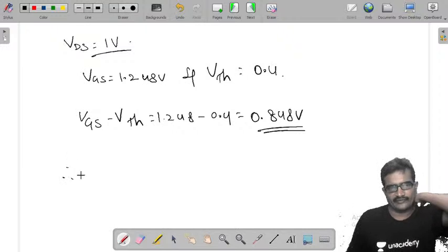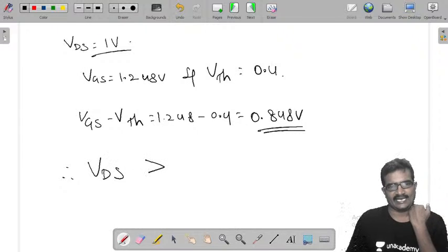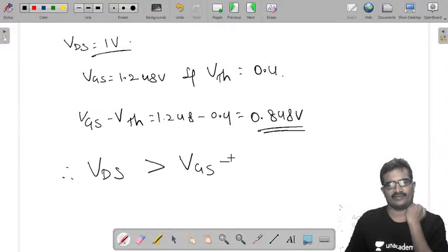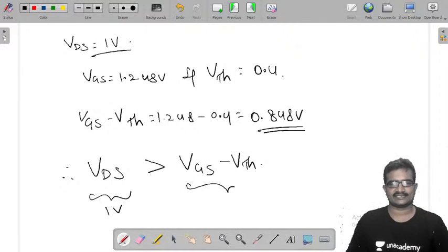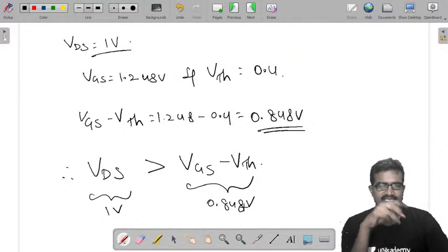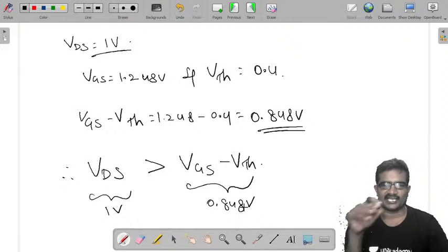So VDS is greater than VGS minus VTH, because it is 1 volt and it is 0.848 volts. Therefore your device is operating in saturation.